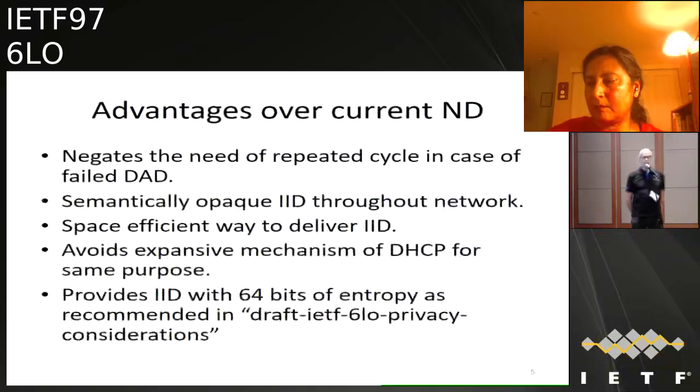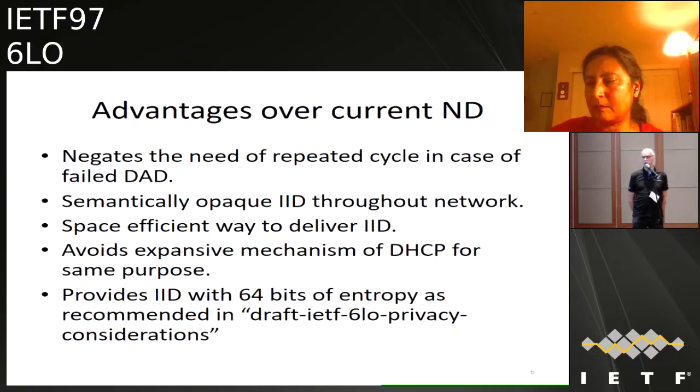So this is perhaps a restatement of some of the same ideas I've already said. We do not want repeated cycles of duplicate address detection failure, one time after another. Even recent publications have said we really want opaque interface identifiers.